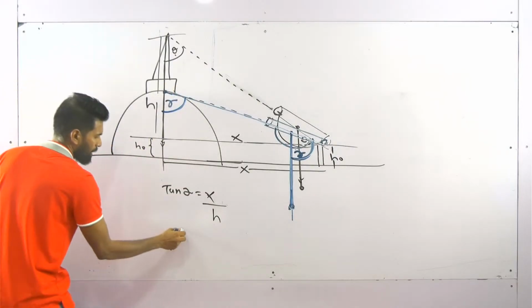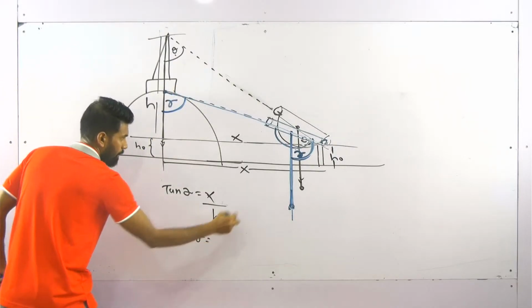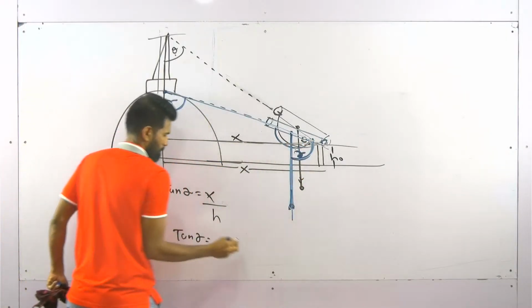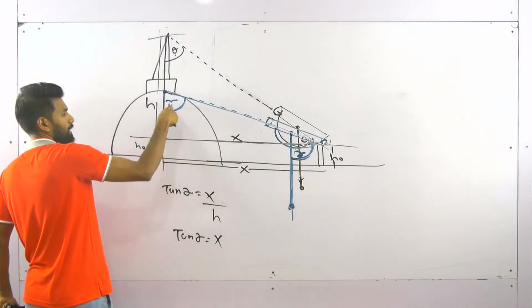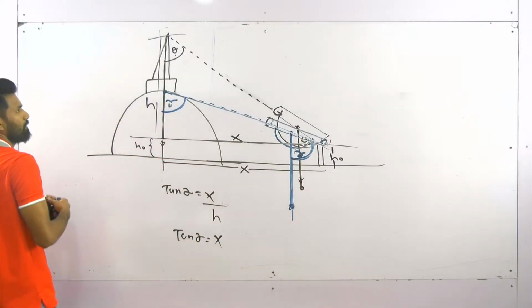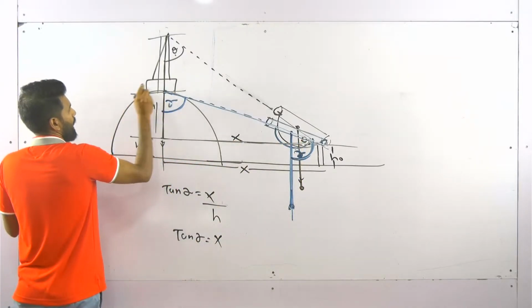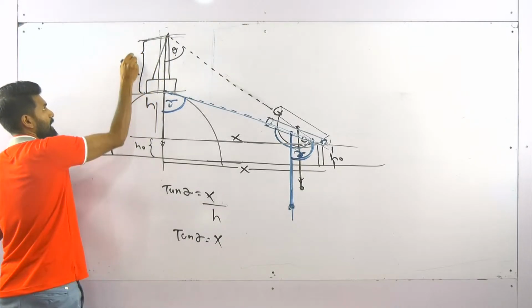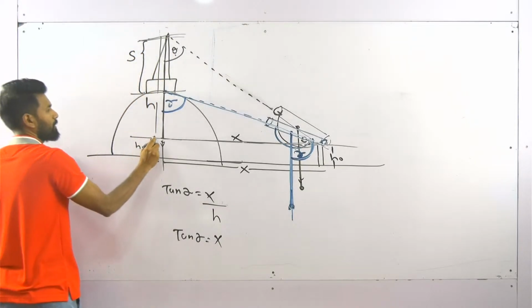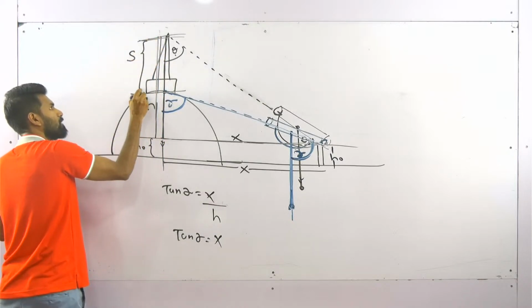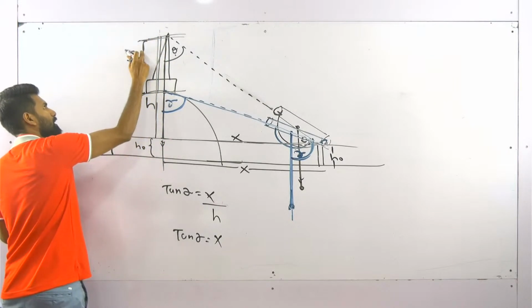Okay, I'll write tan gamma, opposite leg, it's x. And I have considered the separate height of the kotha as s. The total height from this point up to the top, it's h. Separate height of kotha is s.